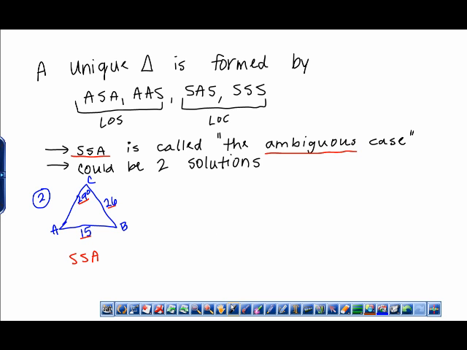Okay, what I'm about to do is show you what happens if you use law of sines on this problem. You don't have to write this down because I'm going to end up erasing this anyway.